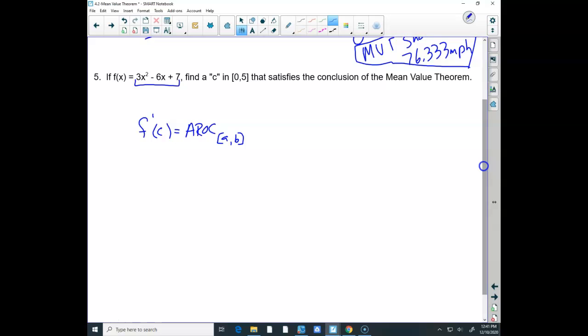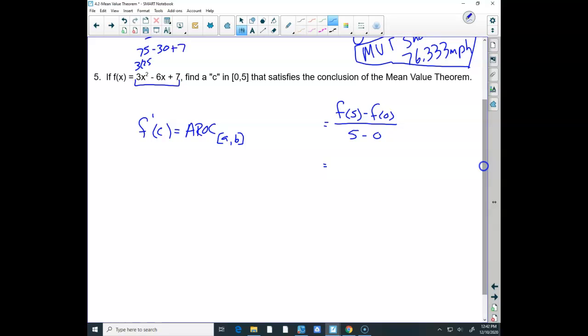So I like to think of this, what is my average rate of change from A to B? Well, that's going to be f of 5 minus f of 0 over 5 minus 0. Well, what is f of 5? Well, that's 3 times 25, so that's 75 minus 30 plus 7, right?